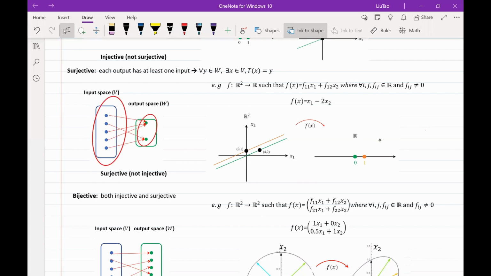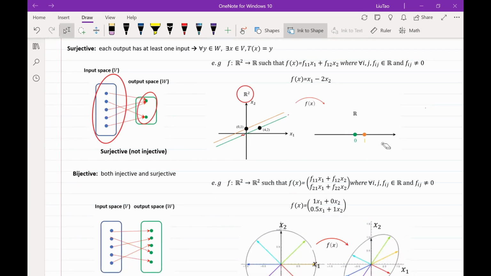So if we have 2 lines in this space, all the points on this green line will be mapped to this point, and all the points on this orange line will be mapped to this point. So this linear map is surjective because given one output, we can find multiple inputs.